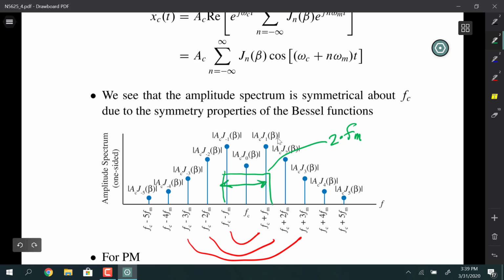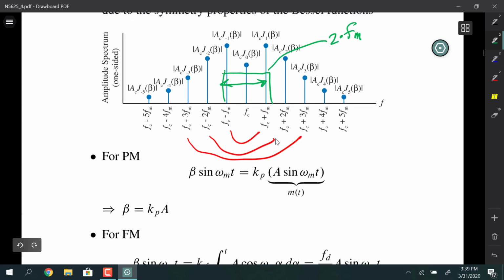So I want you to get a grip on the fact that with angle modulation, the bandwidth is expanded beyond the 2 times FM that we would have seen in double sideband. We're putting in just a single tone, but as we drive the modulation index beta harder and harder, the Bessel functions produce more and more components, and it spreads the spectrum out considerably.